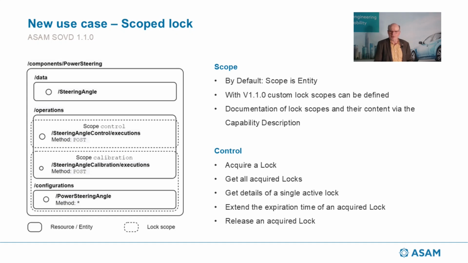And here I can clarify with the scope calibration. You see I have a configuration included, and I have included an execution. So the other operation and the data are not included. A second client can use this. That's the advantage of a scoped log.